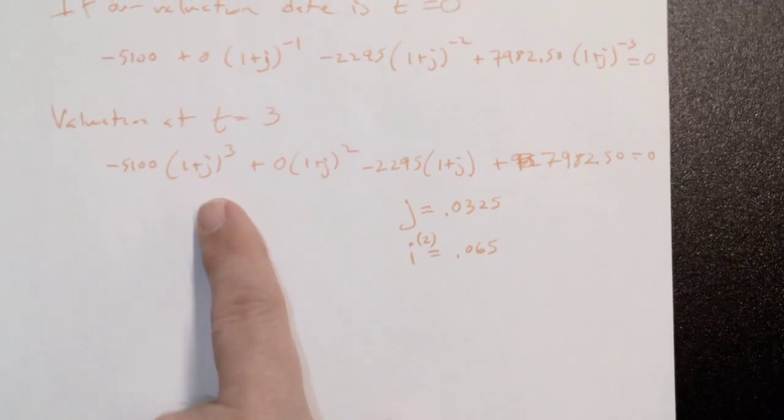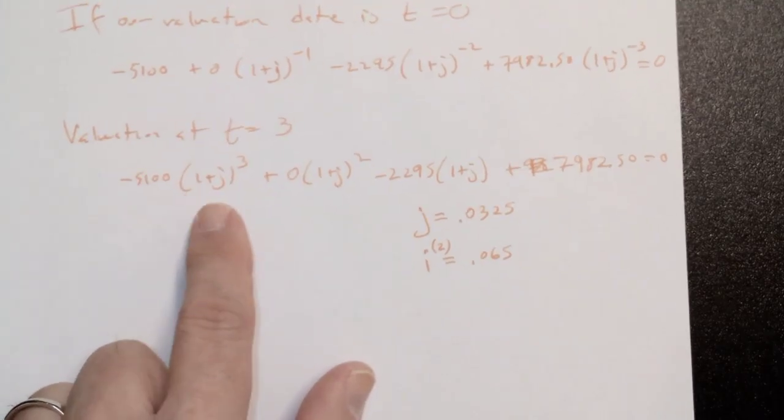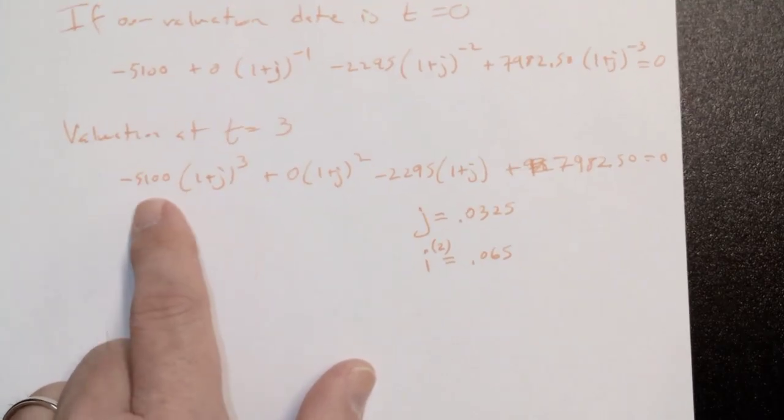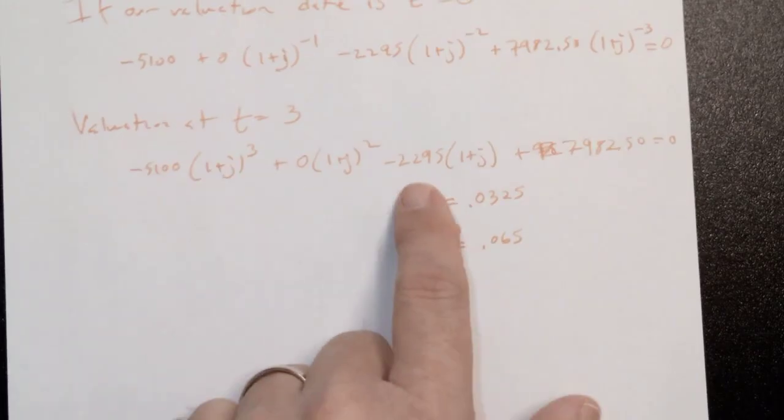This is a cubic equation. Take its derivative. The derivative of this is going to be minus 15,300, 1 plus j squared, right? The derivative of this is going to be minus 2295.